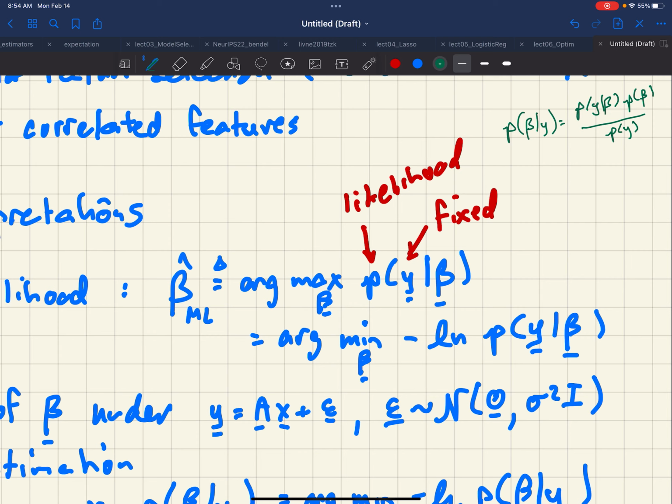So if I want to maximize this over beta, I can forget about the denominator. So I need to maximize the product of my likelihood and my prior. And in the maximum likelihood case, I'm only maximizing the probability of the likelihood. I have no prior. So that's the distinction.